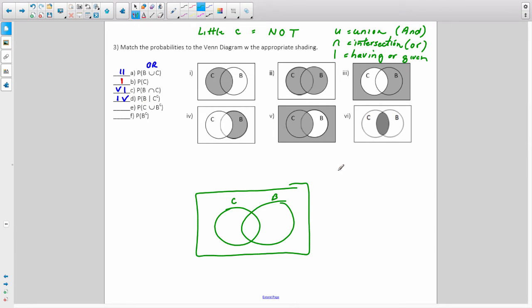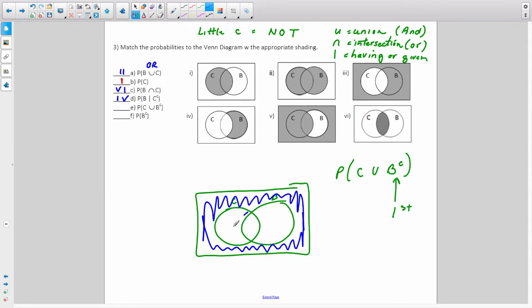Okay. Now, probability of C union everything not in B. This guy goes first. So where is everyone not in B? That's the box for sure. And then this stuff right here. That's everyone not in B.